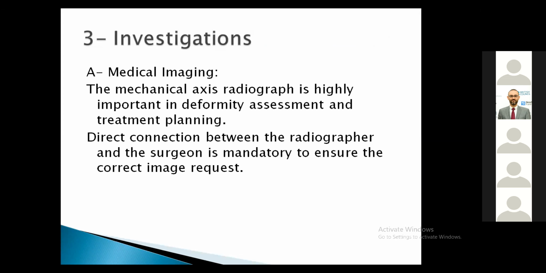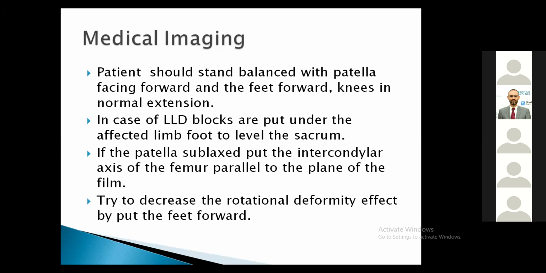Investigations, medical imaging. The mechanical axis radiograph is highly important in deformity assessment and treatment planning. Direct connection between the radiographer and the surgeon is mandatory to ensure the correct image request. The patient should stand balanced, patella facing forward and feet forward, knees in normal extension.